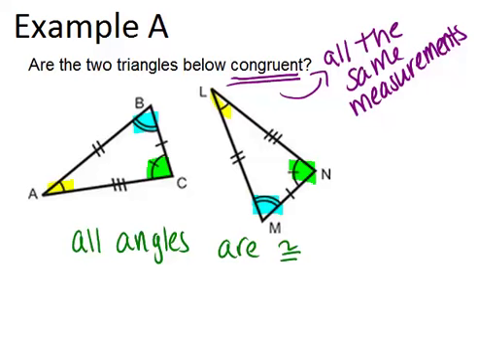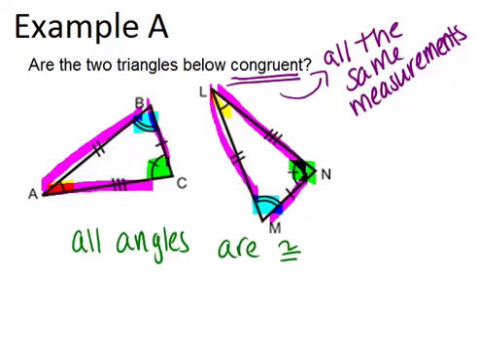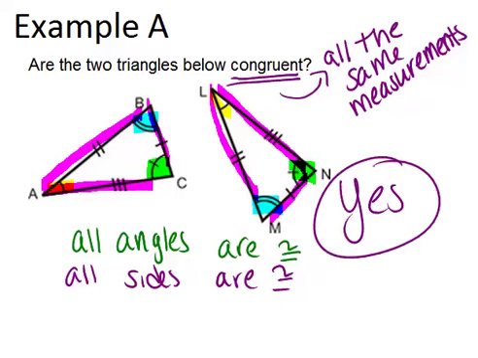Next, we can look at the side lengths and notice there's one side the same, and then a second side the same, and finally a third side the same. Therefore, because all angles are the same and all sides are congruent, the triangles are congruent because all their measurements are the same. So the answer is yes, the two triangles are congruent.